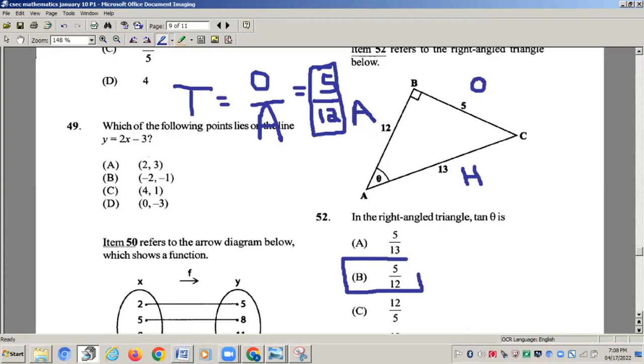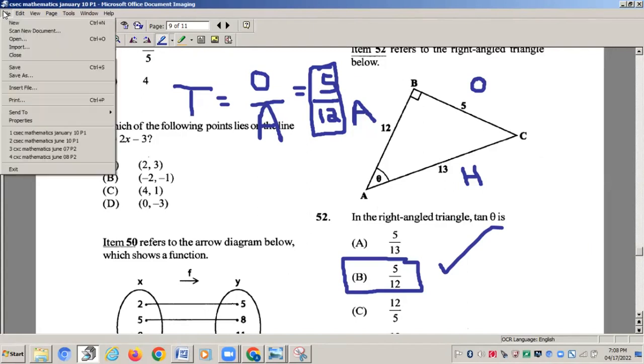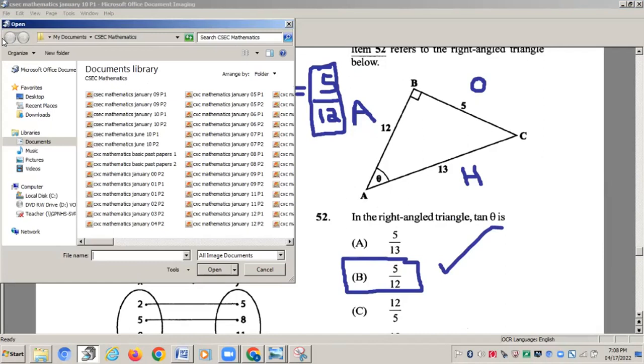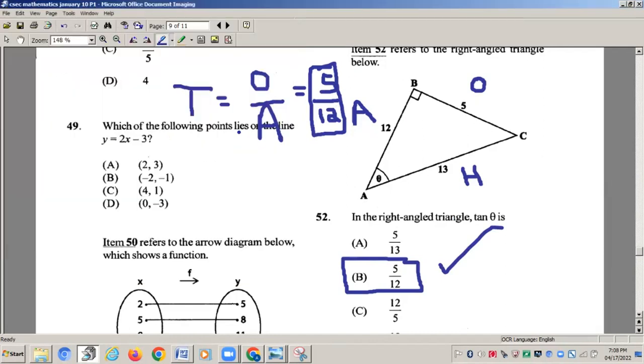B is the answer. Easy. The multiple choice is not really hard.